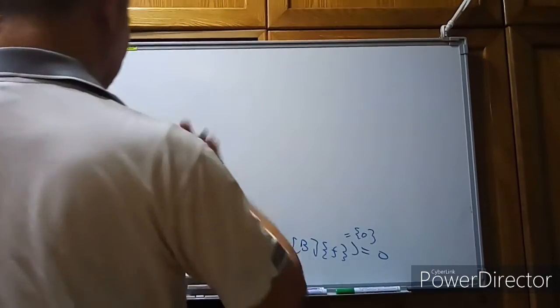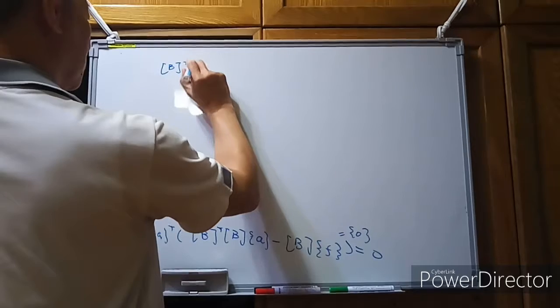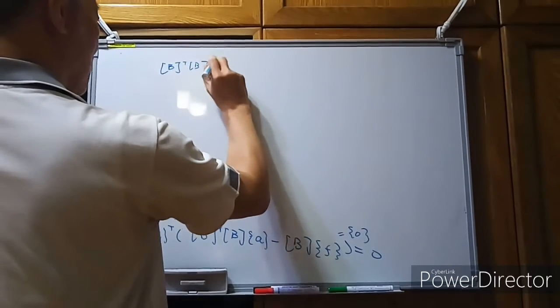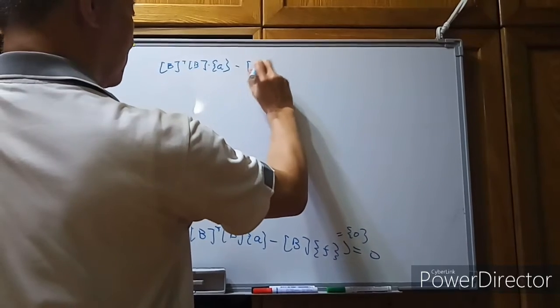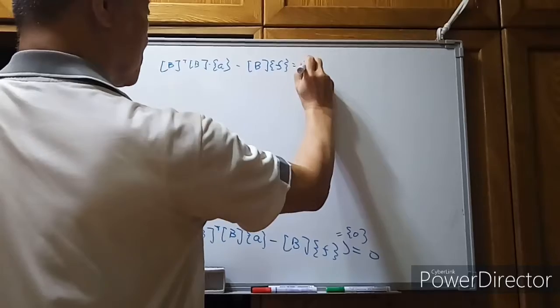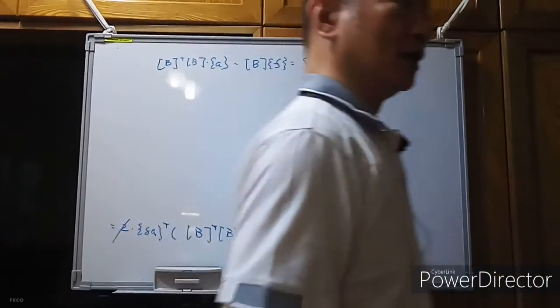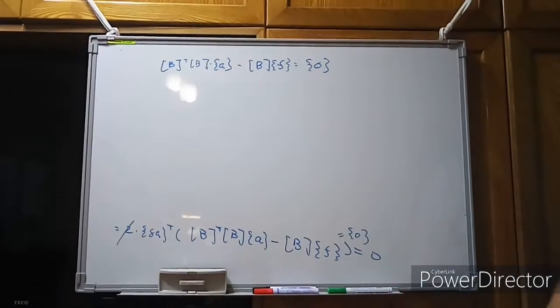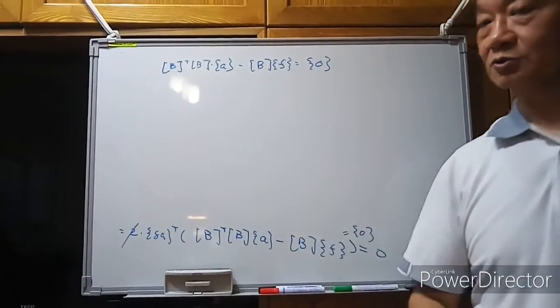So you can get the B transpose B times A minus B times small f, which is equal to 0. The 0 vector means all elements in this vector are all equal to zeros.